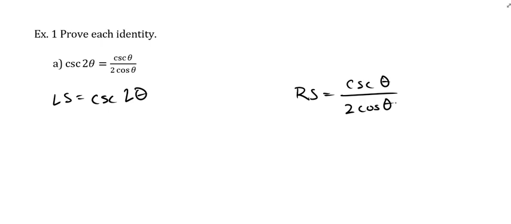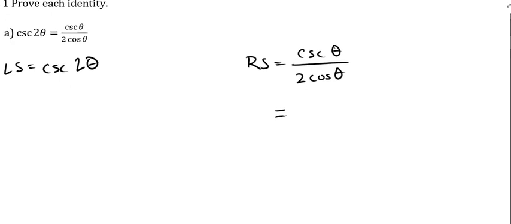Okay, so let's get started. I can see that what I'm going to do on the right side is going to be quick, so I'm going to do two lines, and I'm going to do them slowly so that you can see what I'm doing and you can think it through and make sure that you can follow it. So this is cosecant theta times what?